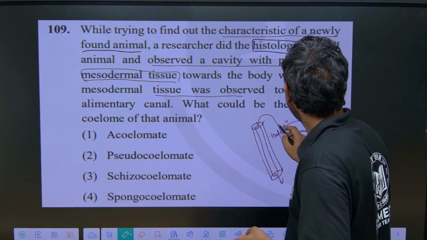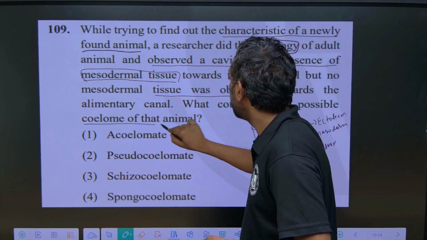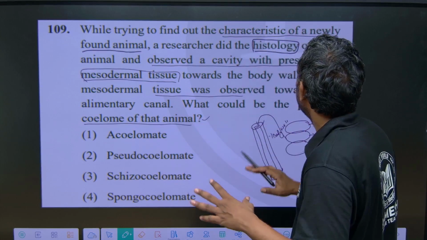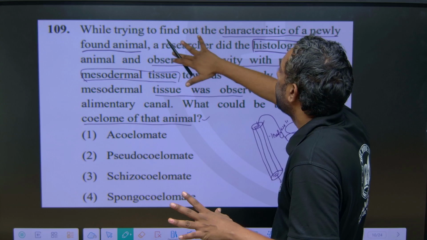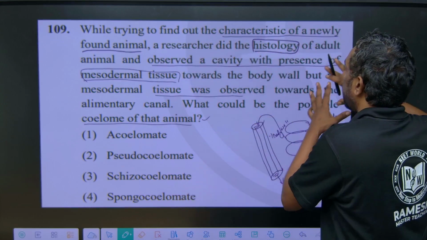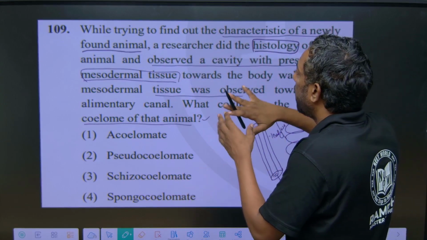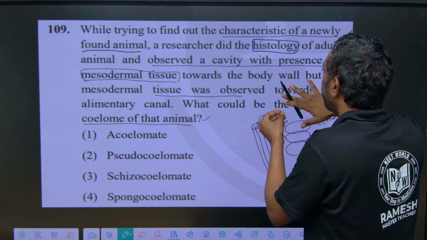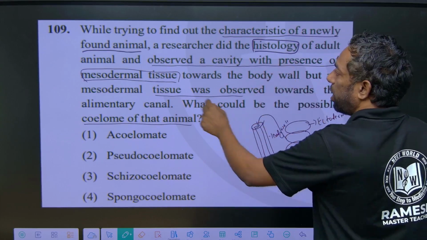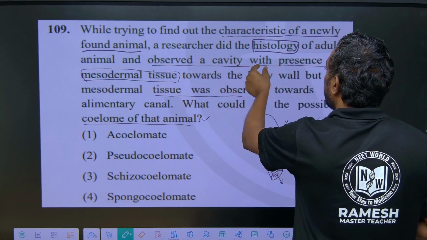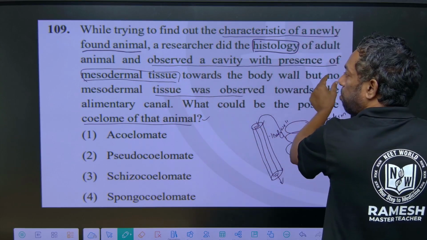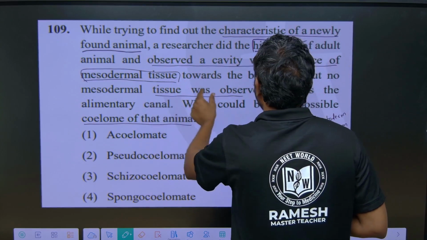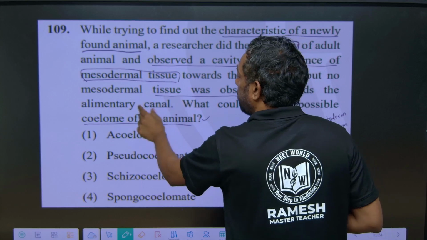What could be the possible coelomate status of this animal? Just look into this. While trying to find out the characteristics of a newly found animal, researchers did the histology of the adult animal and observed a cavity with the presence of mesodermal tissue towards the body wall, but no mesodermal tissue was observed towards the alimentary canal.